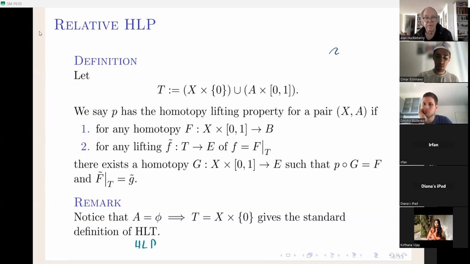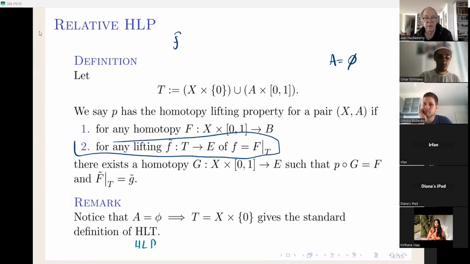Here, similarly, you could choose A equal to the empty set, and then you get T is X times 0.